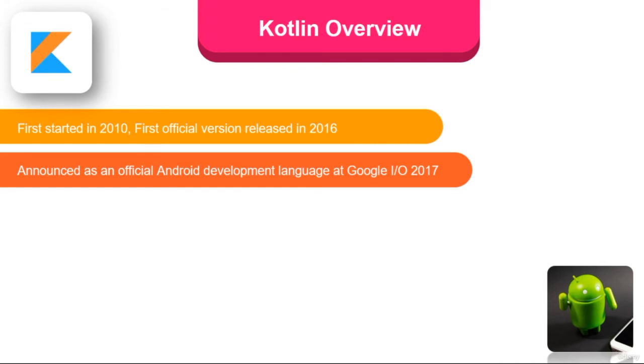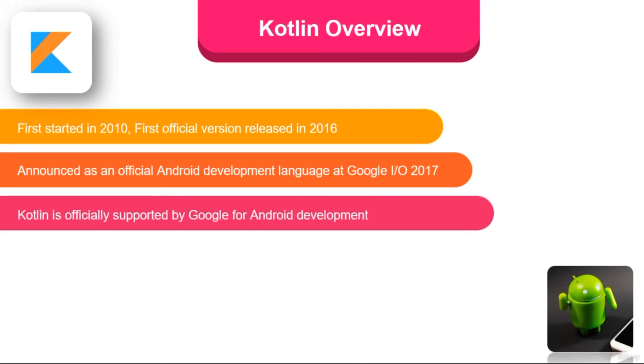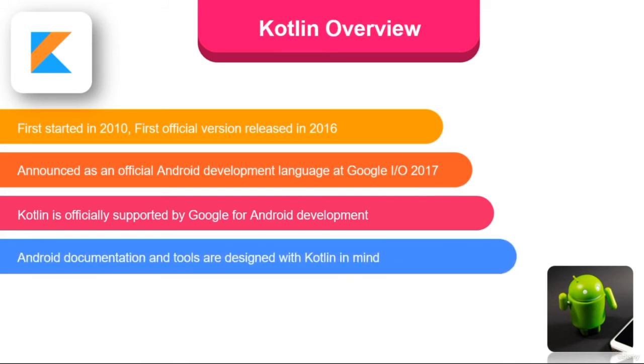That's why Kotlin became the third fully supported language for Android after Java and C++. So now, Kotlin is officially supported by Google for Android development, meaning Android documentation and tools are designed with Kotlin in mind. Good to know.